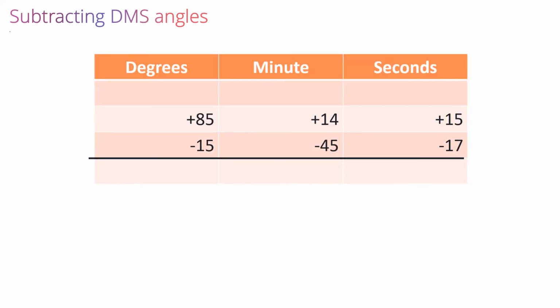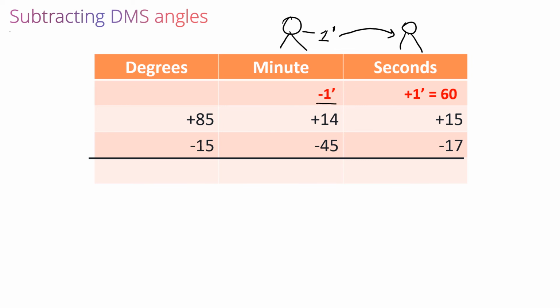All right, so how do we address this issue? Well, in order to subtract this, we need to borrow a minute from the minute column, and we need to give this 1 minute to the second column. Imagine that you have two persons here. You are borrowing 1 minute from this person and giving this 1 minute to the next person.